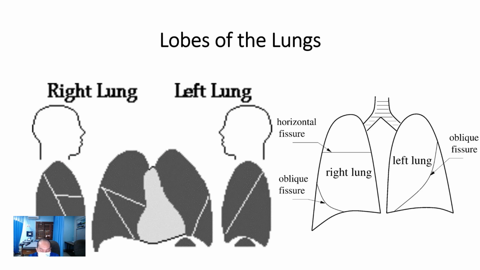The left upper lobe overlaps the left heart margin, and each lobe is divided by a fissure.